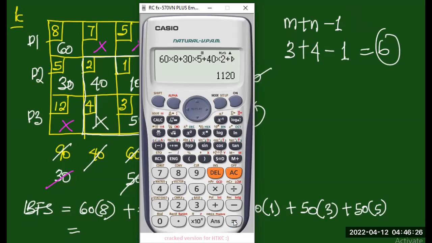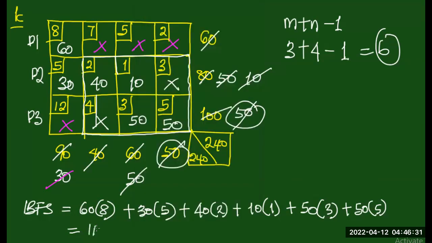That is 1120. So that's it. With that one, we're going to do for the next method, which is the least cost. So let's do the least cost.